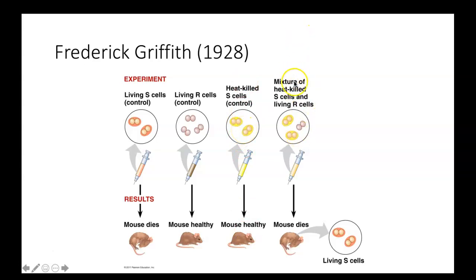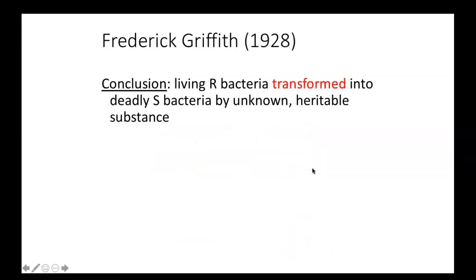The fourth thing that happened right here is what's actually really interesting. He took these two, non-pathogenic living and pathogenic dead. Individually, neither of these killed the mouse, right? But when he mixed them together, the mouse ended up dying. And that's pretty cool and really interesting. So what happened? Why was that?